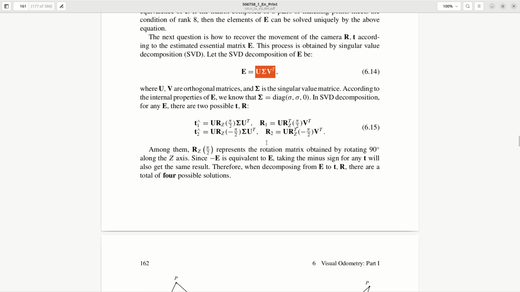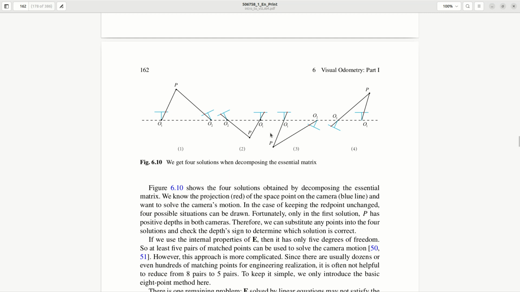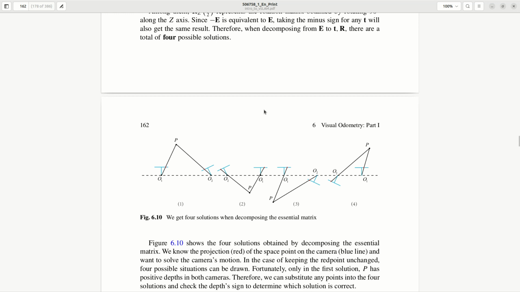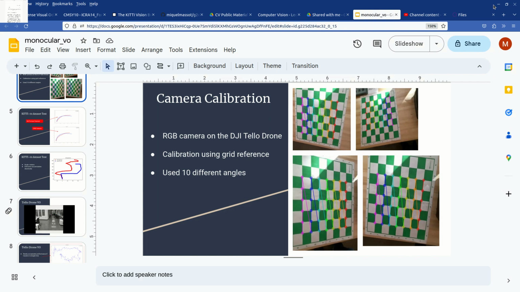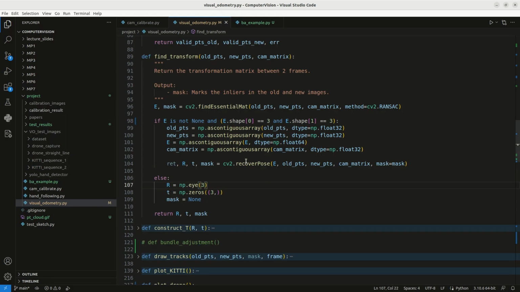One complication we have here is that we may have different solutions to the singular value decomposition, and there's only one reasonable solution, which means the point P is actually in front of the camera. All other solutions will say that the point is behind the camera, which doesn't make sense, right? So we want to choose the correct one, and the recoverPose function in OpenCV does all those steps for you.